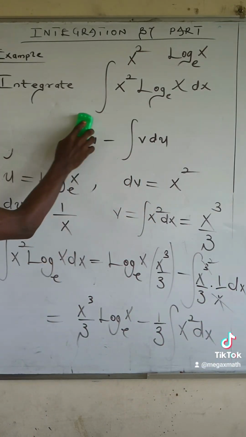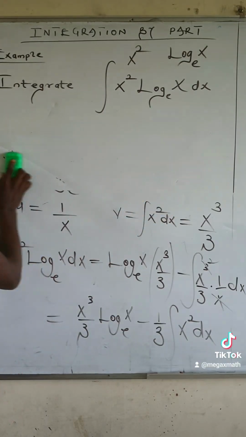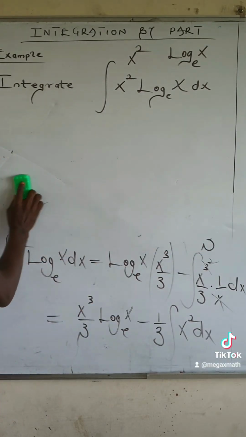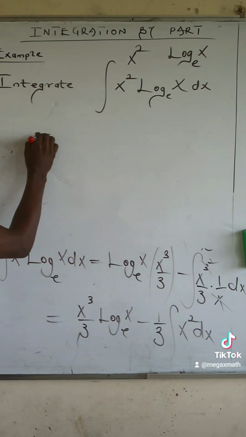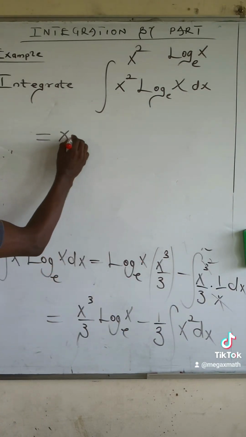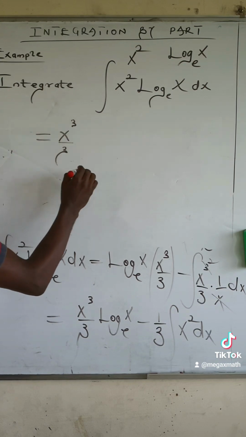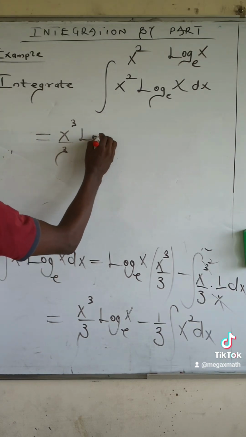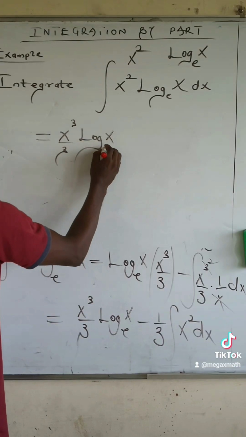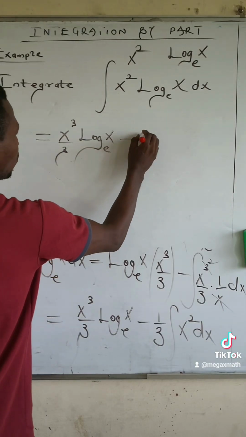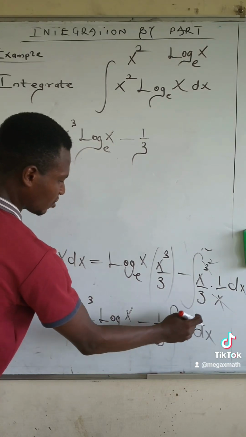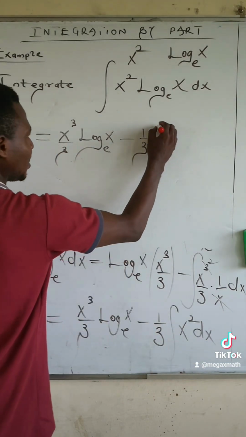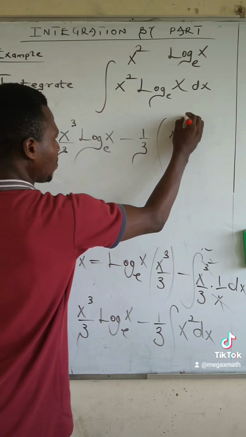So from this we can finalize our work. This is equal to x cubed over 3 times the logarithm of x to base e minus 1 over 3 times the integral of x squared with respect to x, which is x raised to the power of 3.